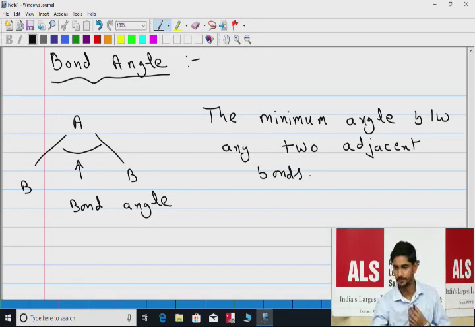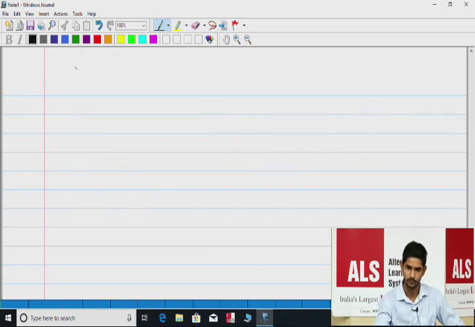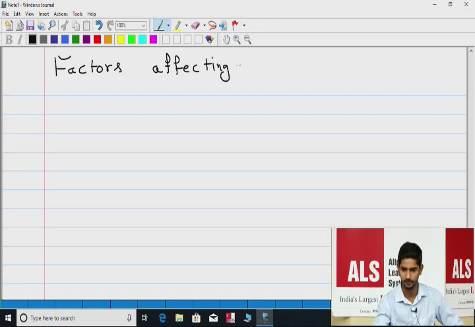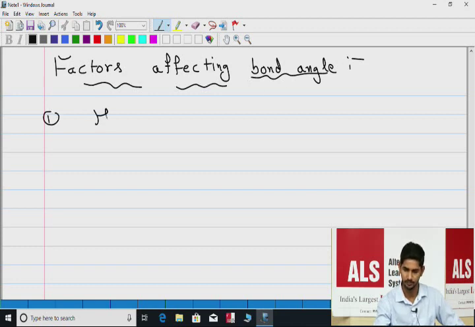Let's move on, guys. Factors affecting bond angle. First is hybridization or S character.